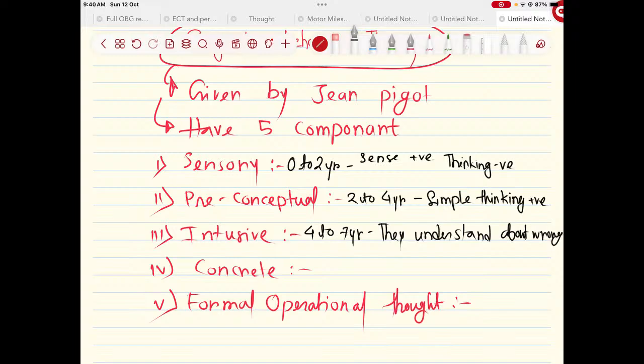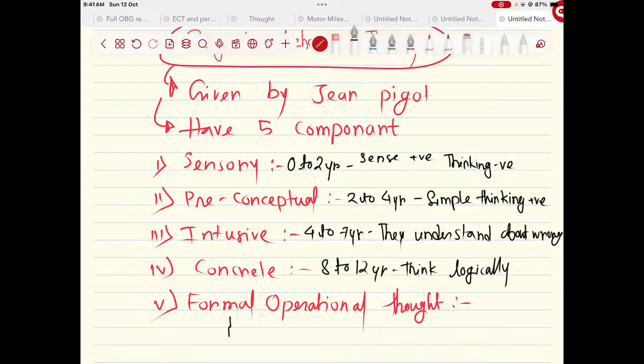Concrete, they create the base for logical thinking development, from 8 to 12 years. They think logically.